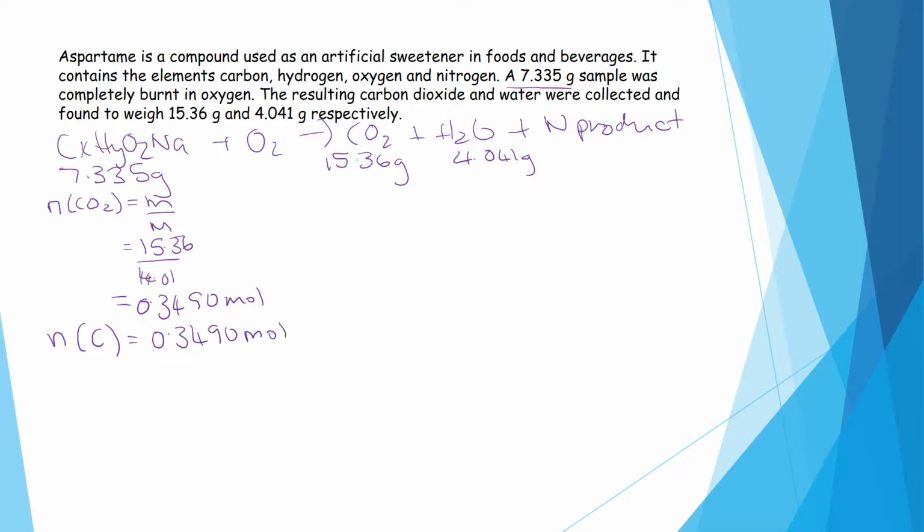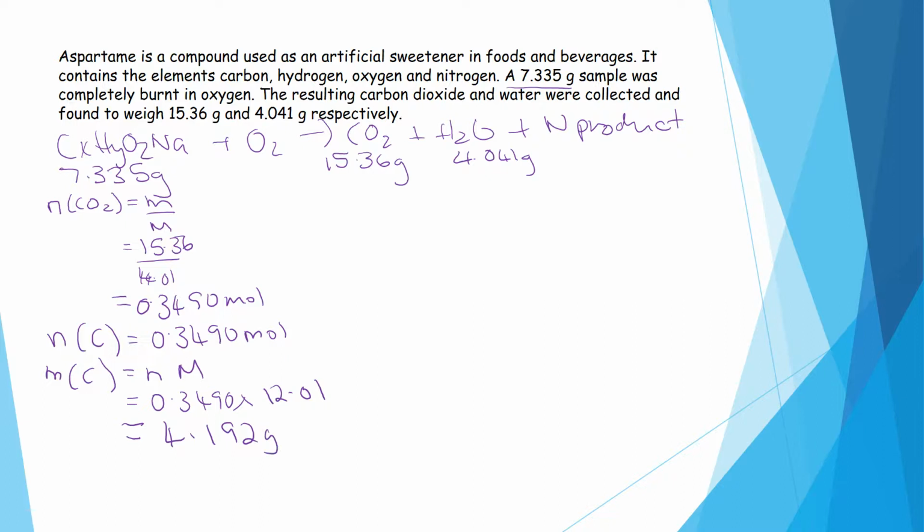and from there we can find the mass of carbon. So the mass of carbon will equal number of moles times formula mass, which is 0.3490 times 12.01, and this will come out to be 4.192 grams.